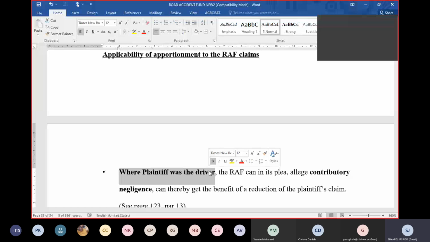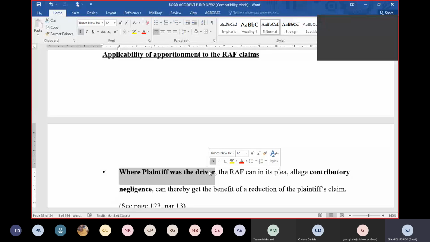She lodges a claim against the RAF and also causes a summons to be served on the RAF. So she is the plaintiff and the RAF is the defendant. Let's again reason this one through. Into whose shoes will the RAF step? She was a passenger in my motor vehicle, and my motor vehicle collided with motor vehicle B. So there's the driver of motor vehicle B. My wife is claiming as my passenger.